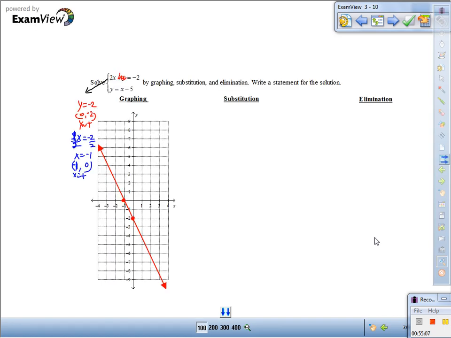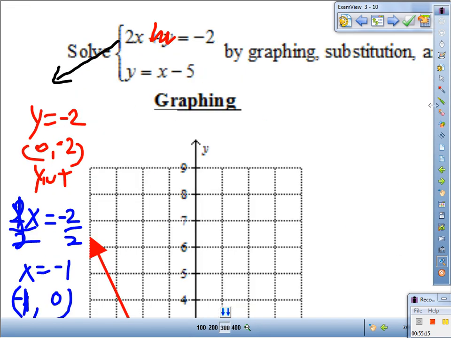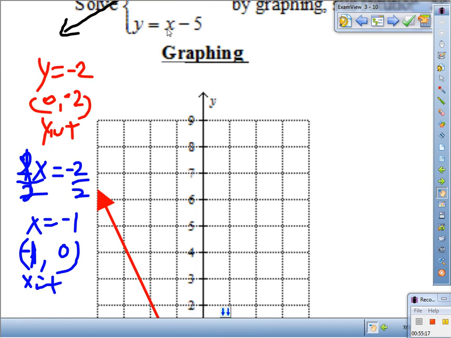All right. Let's graph our second equation. Let me zoom in so you can see it. What method can we use for the second equation? Tell your neighbor. No. What method can we use for graphing the second equation? Stop. You guys are not understanding what I'm saying.